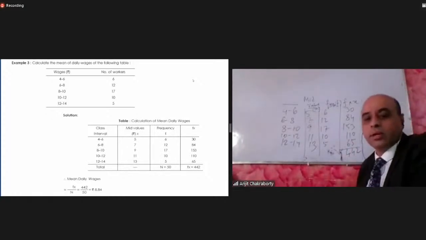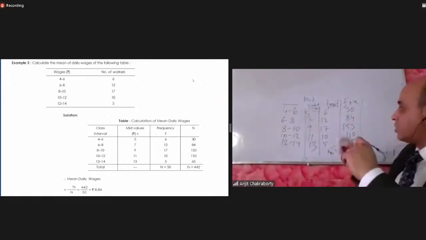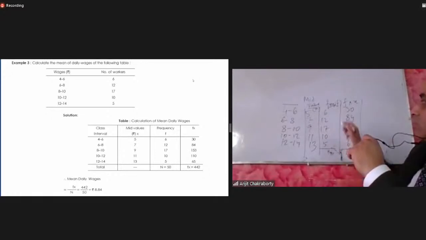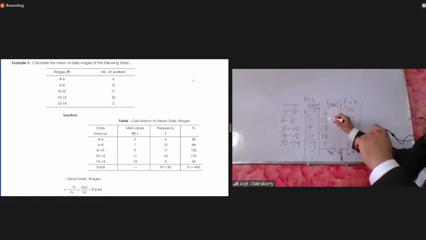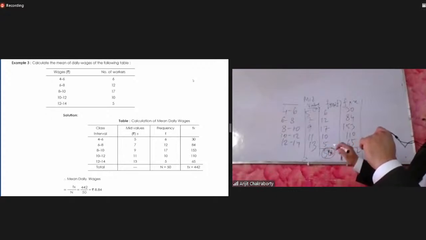If it is 442, then the daily wages will be how much? Please note the total number of workers: the total frequency is 6 plus 12, that is 18; 18 and 17, that is 35; 35 and 10, 45; 45 and 5 is 50. So the total is 50.